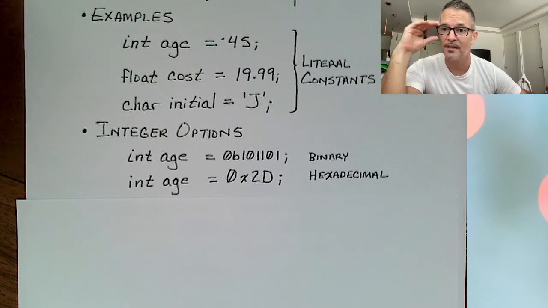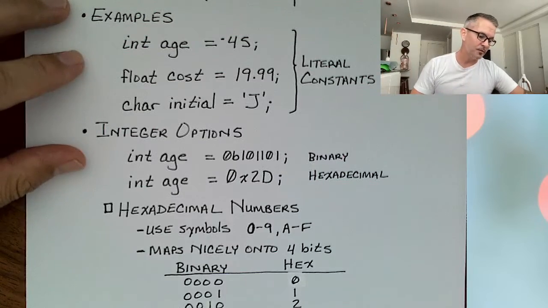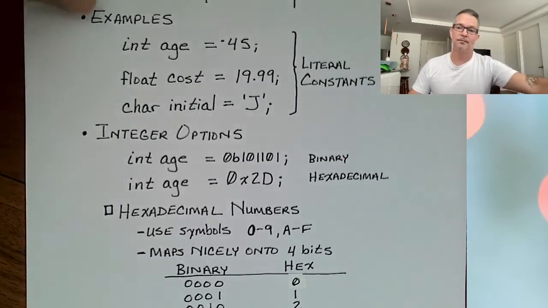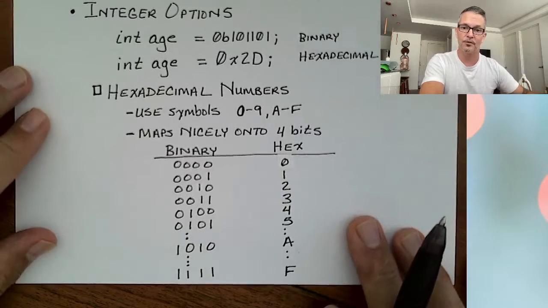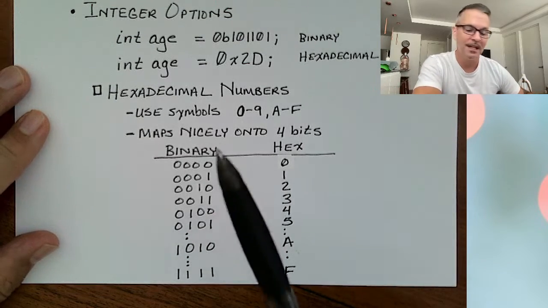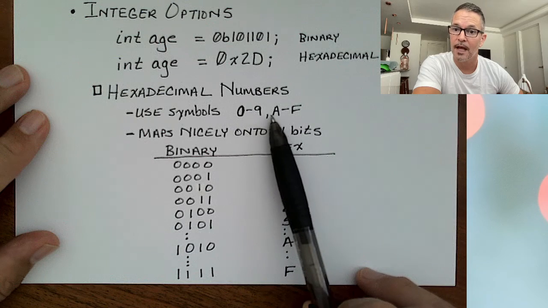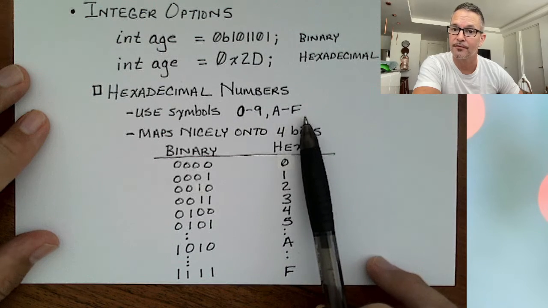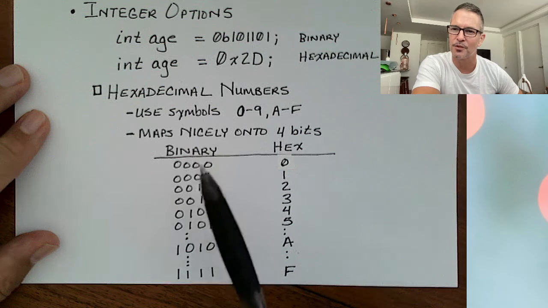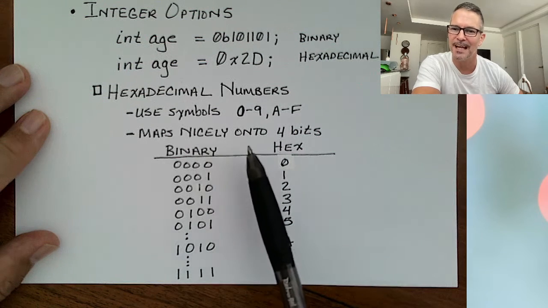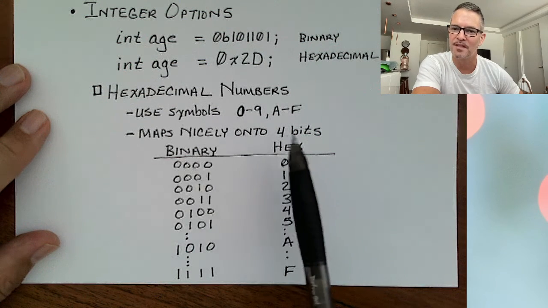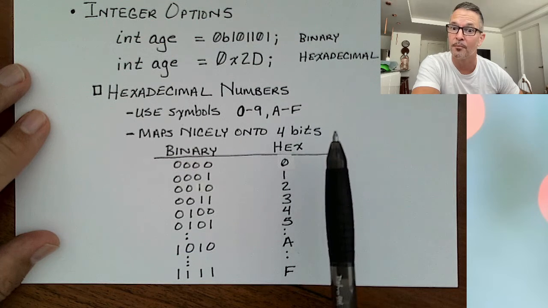We haven't talked about hexadecimal yet, so let me give you a quick overview. Hexadecimal is another number system that can be used in the world. It uses 16 symbols, 0 through 9, and then the symbols A through F. One reason hexadecimal shows up in computing is because it's a really nice way to specify the value of 4 bits.